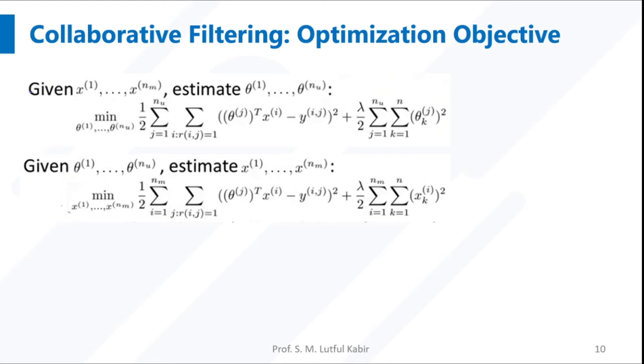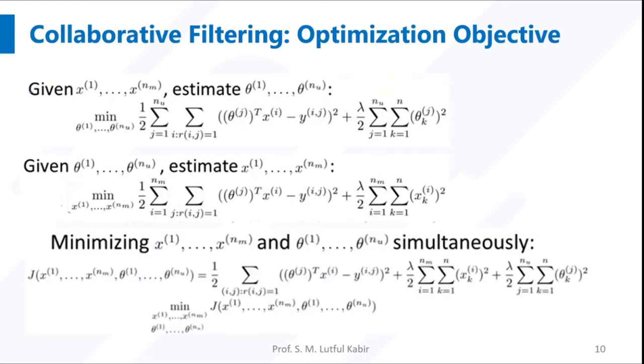But you can actually have a combined equation without going one after another and repeating the two formulations. You can have one single equation where the function will be from x1 to x_nm and theta 1 to theta nu. That means all the x's and all the thetas are the variables in a single cost function. So you take the first terms as a combined term.